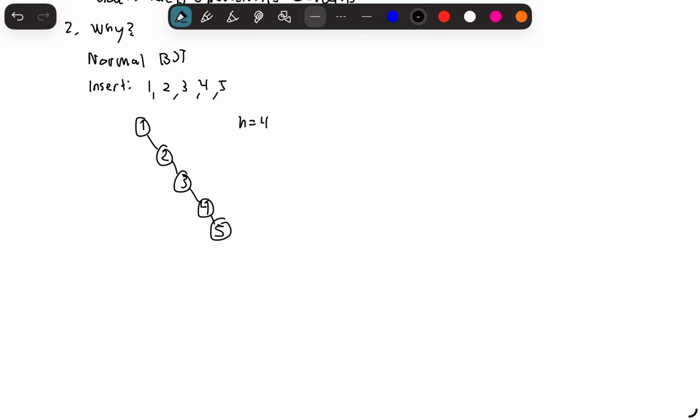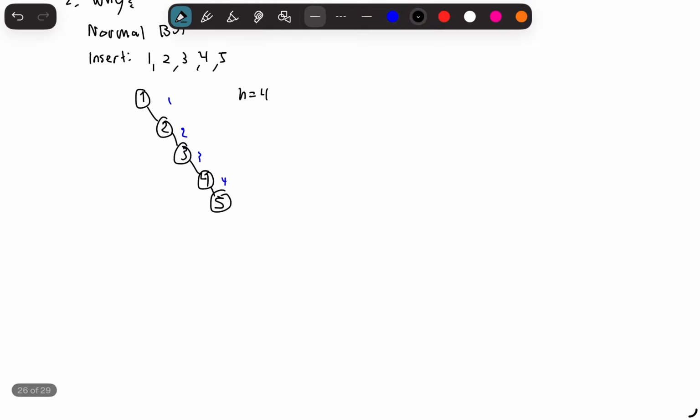The height is going to be 4 by counting the edges. This is the longest path that you could take and also the only path. And your search time is going to be dependent on the number of nodes. You're going to have an O of n search time. This is bad.